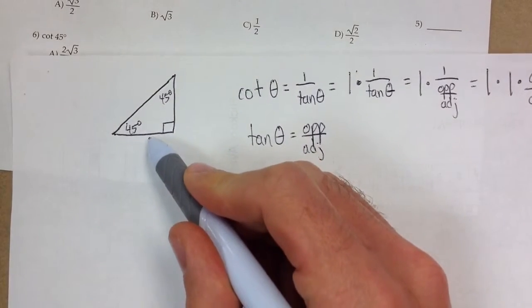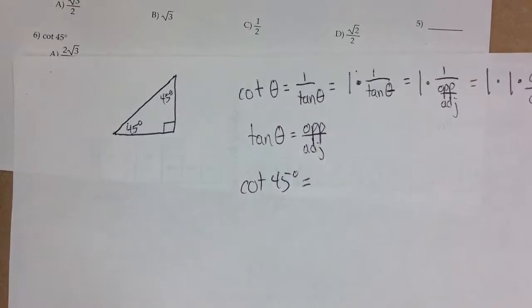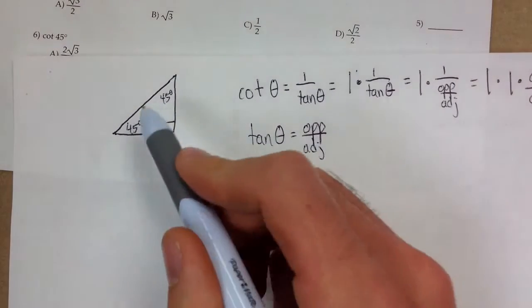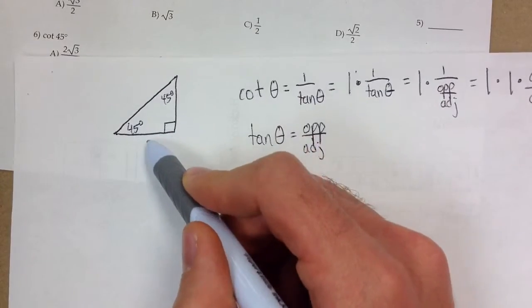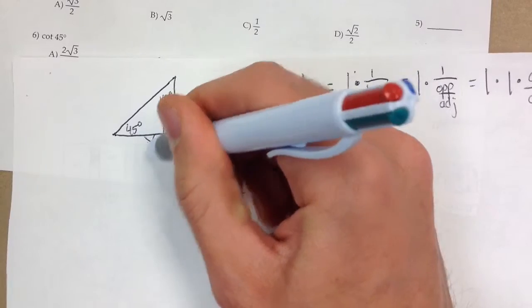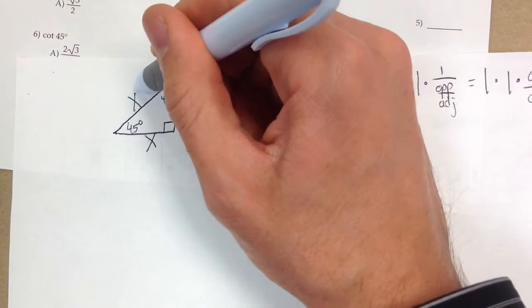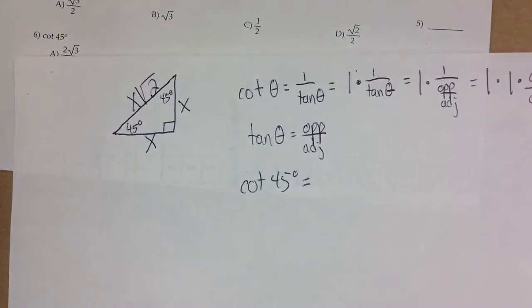So I'll guide you along. What are the sides of this triangle? Yes, we have a 45, 45, 90. Please tell me how to label the sides. X. Okay. Now, can you find the cotangent of 45 degrees?